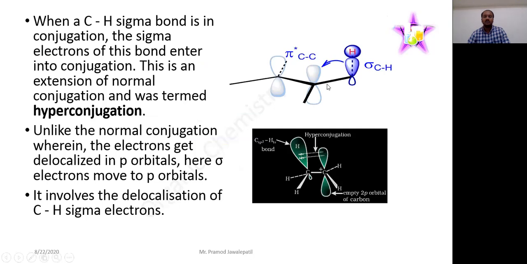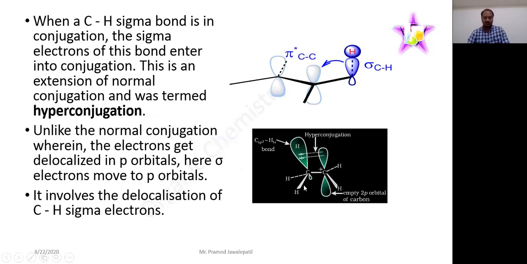See in this example, these carbon-hydrogen bonded electrons are conjugated with an empty p orbital, that is pi star C=C. This is a pi bond, and this is an empty antibonding orbital. This carbon-hydrogen bonded pair of electrons is conjugated with this empty p orbital.